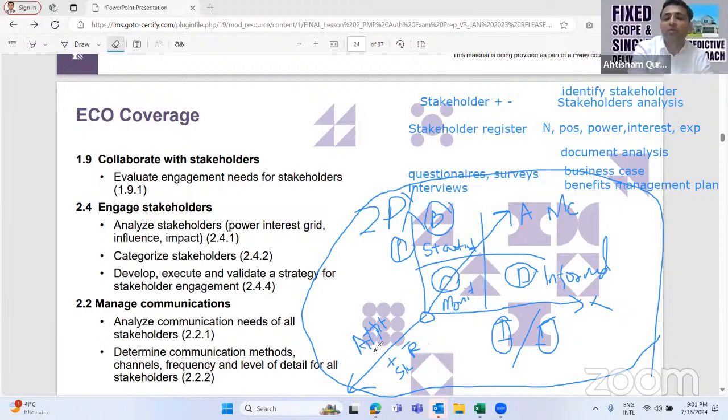So what is your attitude towards the project, or are you Mr. Neutral? I don't know. Along with your power and interest, I need to know what kind of stakeholder you are, what your attitude is towards the project. So that is our 3D model to assess and categorize stakeholders.